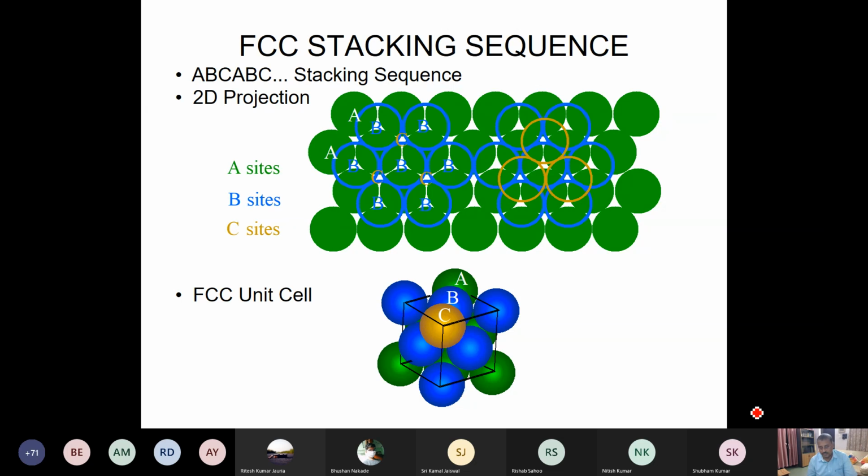So now what I do is this. This is a close packed plane of atoms. Let's call these holes B, B, and B, and the central one C. So every alternate hole is B, and this central one is C. The next layer of atoms: in close packed hexagonal, what stacking did I do?